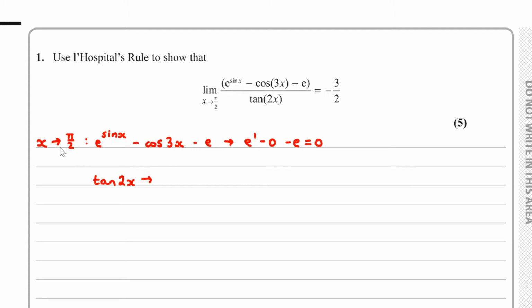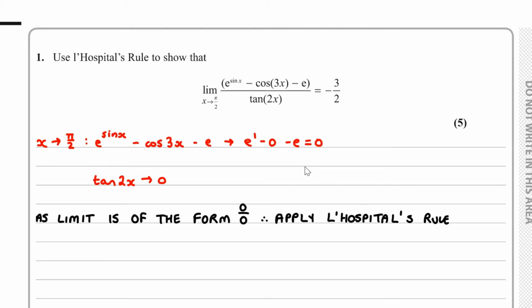So therefore, as x tends towards pi over 2, tan of 2x tends towards 0. And therefore, what we have is something of the form 0 over 0. So as the limit is of the form 0 over 0, we would have to apply L'Hopital's rule.